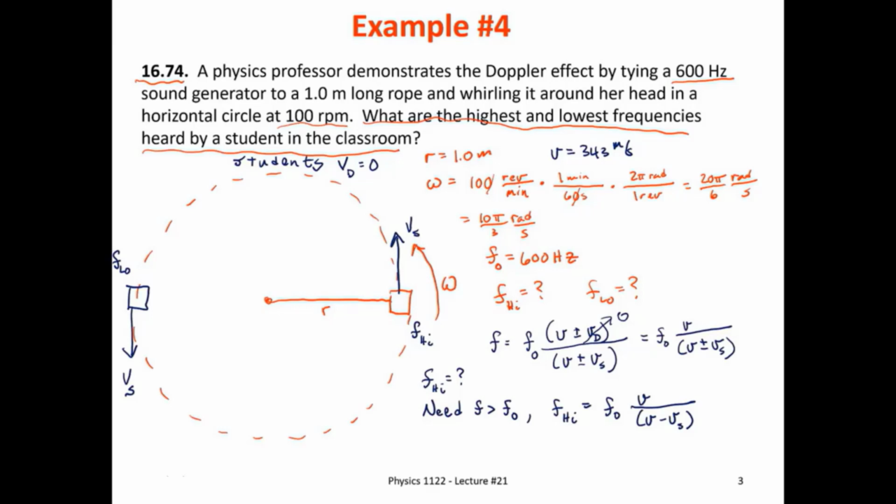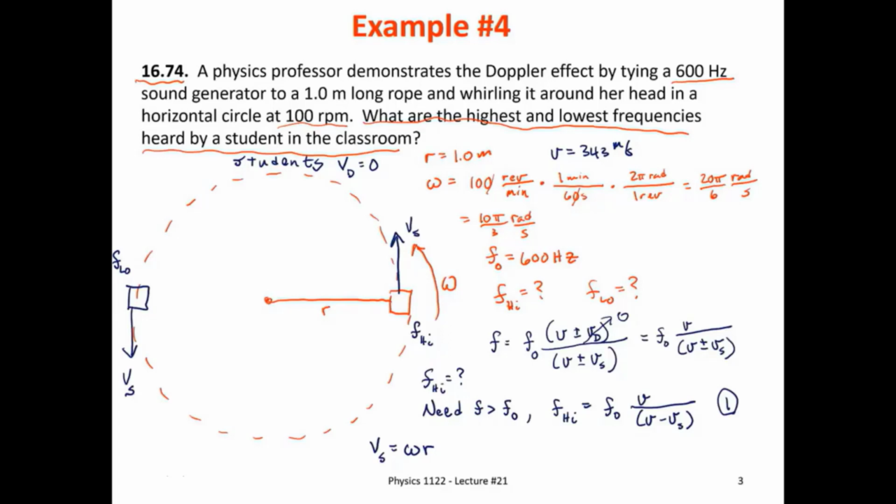And then to figure out the speed of the source, which is the last piece of this equation that we need, we would make use of a relationship from Physics 1, which relates linear quantities to angular quantities. And that would say that the speed of the source is equal to omega times the radial distance from the center of its circular orbit.